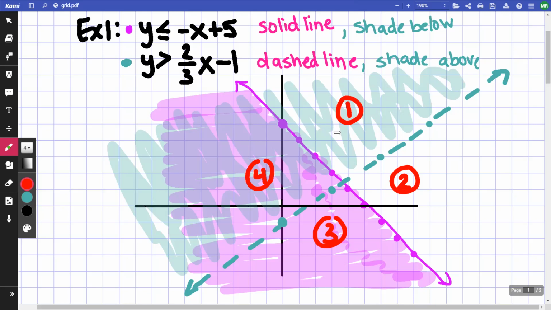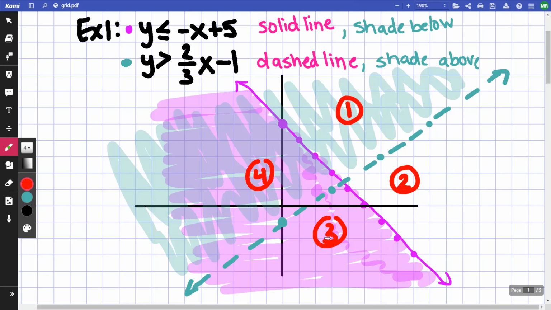That means that these are solutions that are going to make only this inequality true, not this purple one. Over here in area 2, nothing is shaded. All of these are going to make neither one of them true. Neither the purple nor the teal one will be true if I take any point from this region.